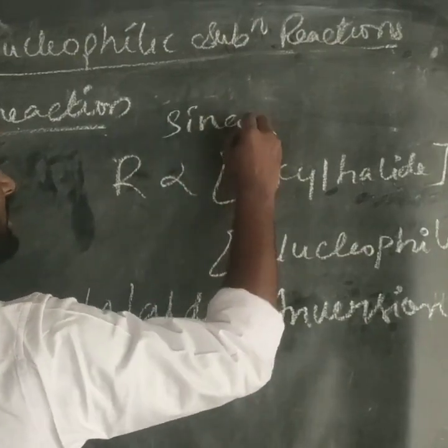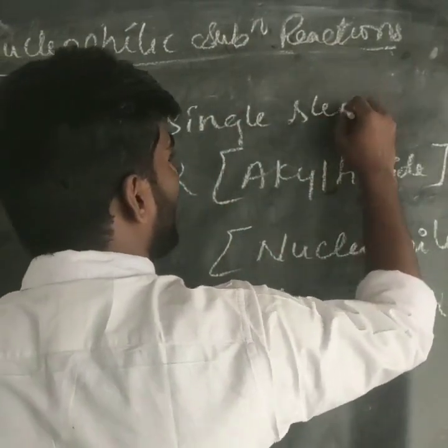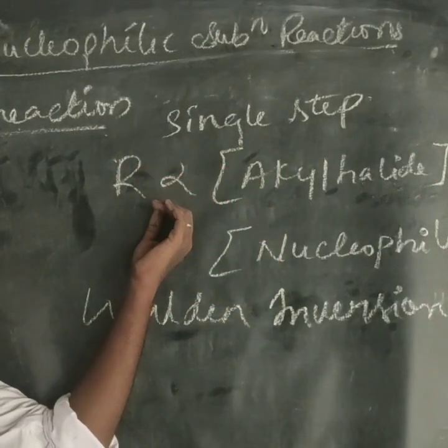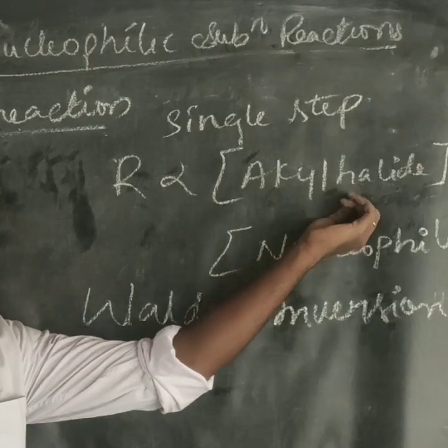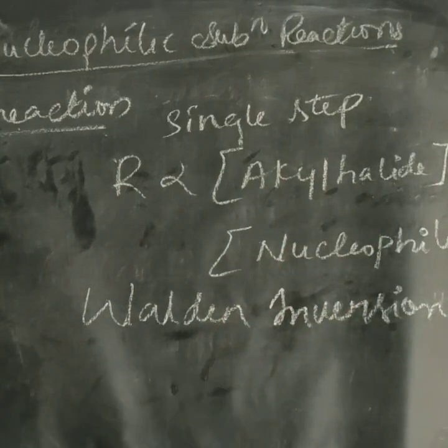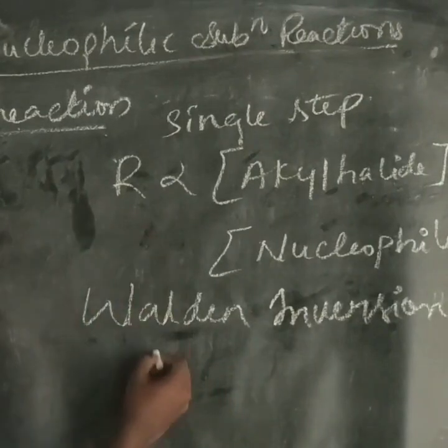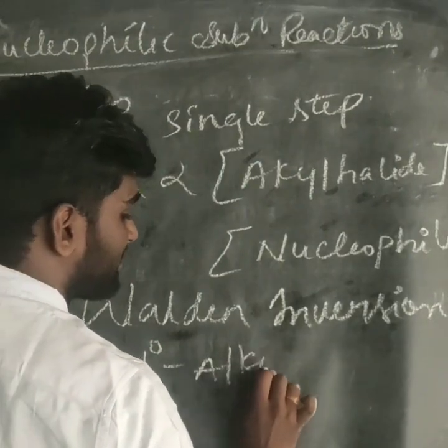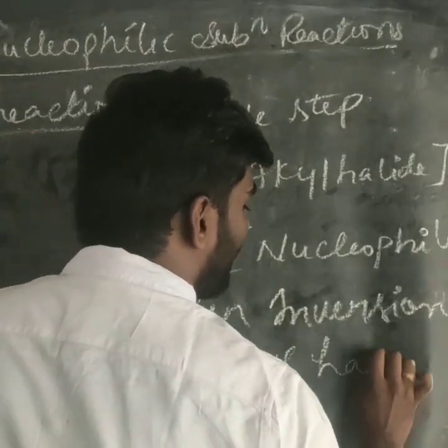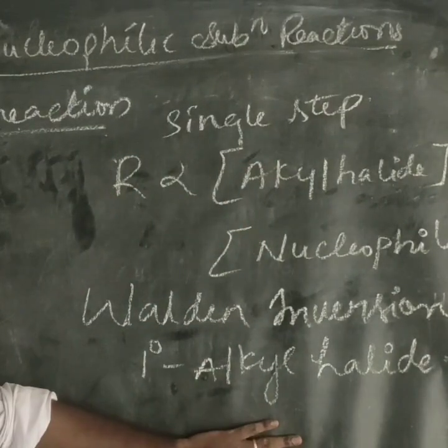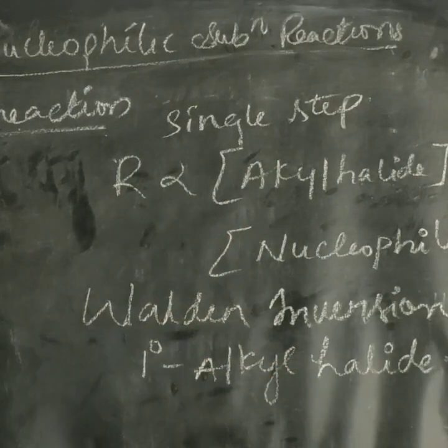The rate of concentration depends upon the alkyl halide and the nucleophile. The reactant reacts with the primary alkyl halide. So this is the SN2 reaction.